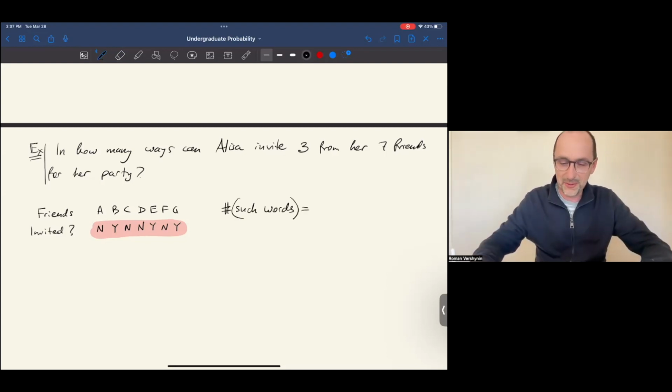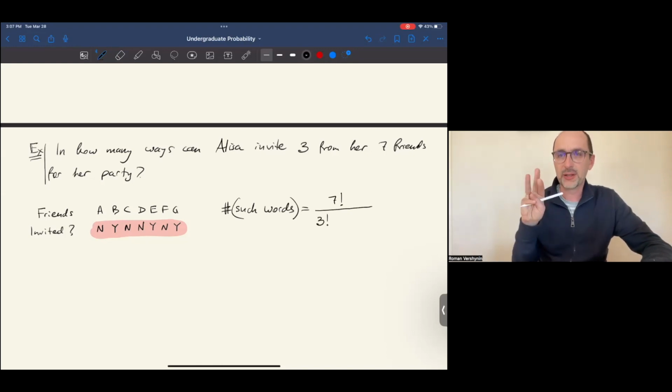We solved that problem before. There are 7 letters here, so 7 factorial would be the naive answer. That's how many words there would be if all letters were different, but we overcounted. We should ignore the order among the Y's, and there are 3 factorial possible reorderings of the Y's.